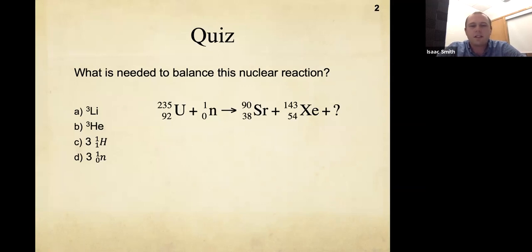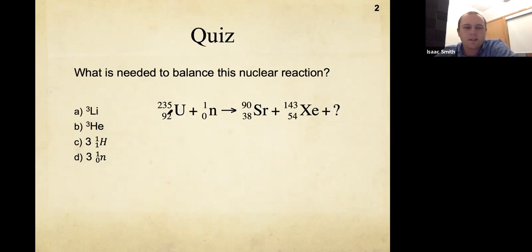So just to start, as a review from the last lecture, go ahead and try to balance the nuclear equation here. All right, let's go ahead and solve this. So again, on these equations, what we're really trying to do is first balance the number of protons on the left and on the right, and then also balance the atomic mass on the left and on the right as well.